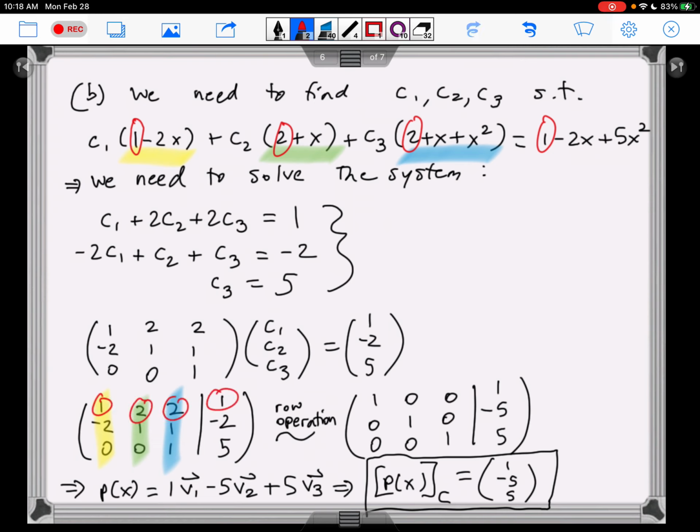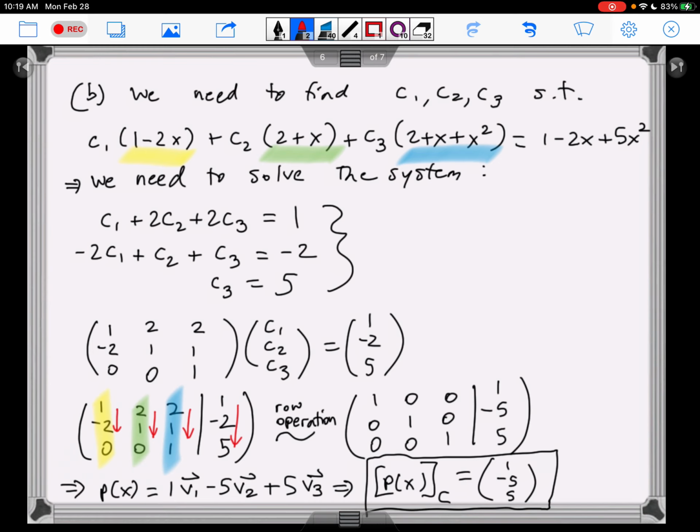In other words, when you put each column there, they have to go in the same order. This is in ascending order, this is in ascending order, this is in ascending order, so that last one has to be in ascending order, right?